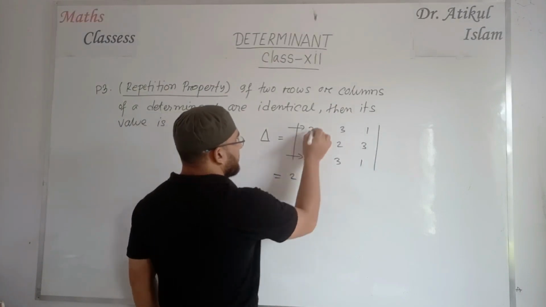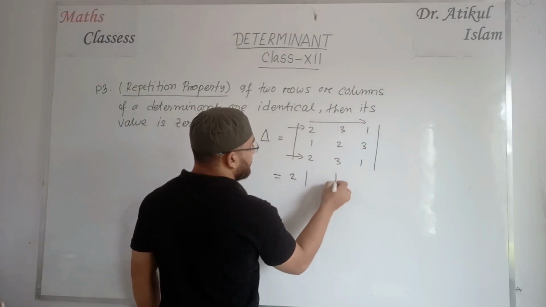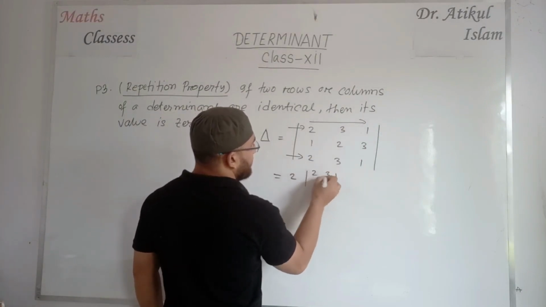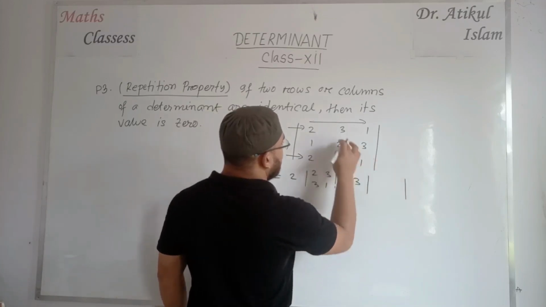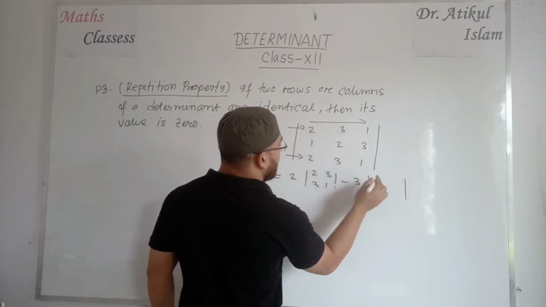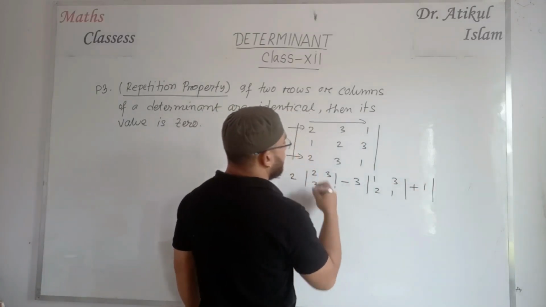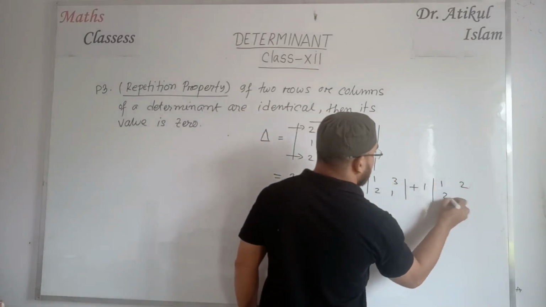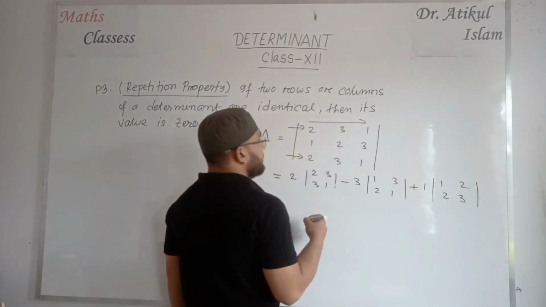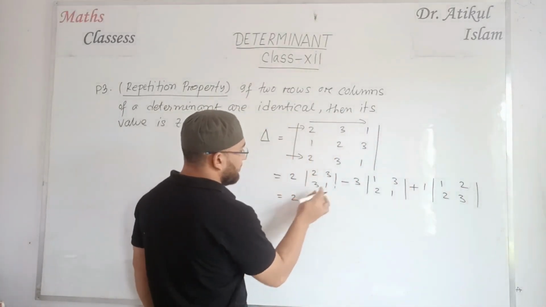So now find the determinant value. I am expanding along the first row. So here will be 2 into (2, 3, 3, 1) minus 3 into (1, 3, 2, 1) plus 1 into (1, 2, 2, 3). So find the value here.